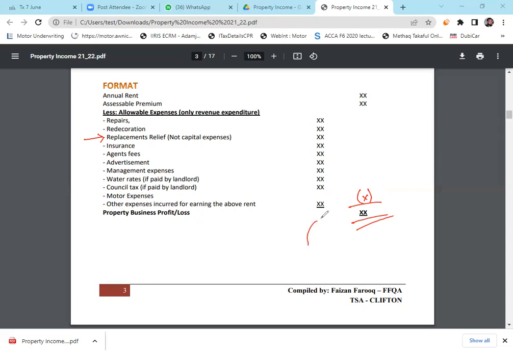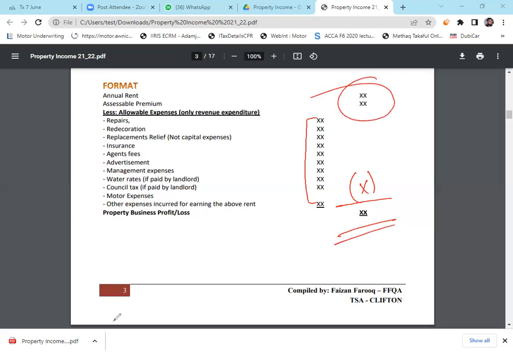This type of expense must be revenue expense paid by landlord during tax year 21-22, and the expense should be wholly and exclusively for property. If all these conditions are satisfied, these expenses will be deducted from annual rent and premium amount.